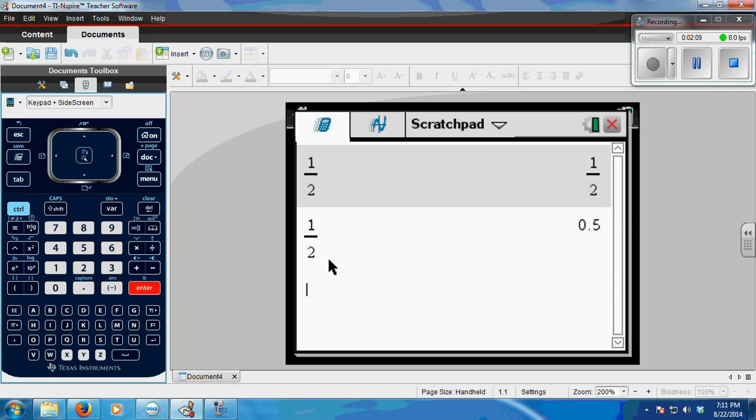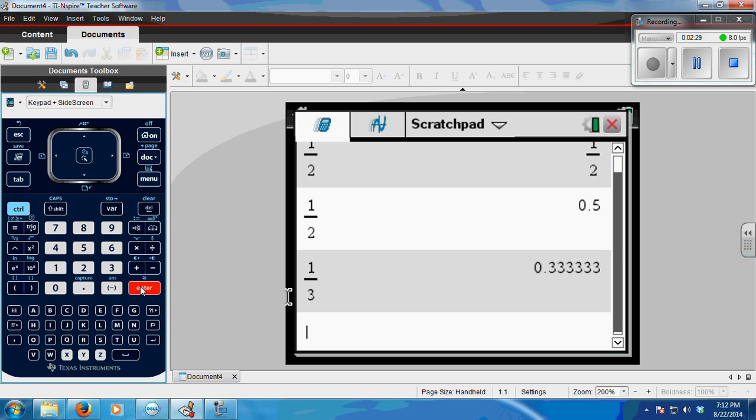The example is 1/3, 1 over 3, which in decimal notation means 1 is being divided by 3. So I'm going to hit 1 divided by 3. All right, you see right here, 1 divided by 3, the fraction 1/3. Now I'm going to hit control enter.